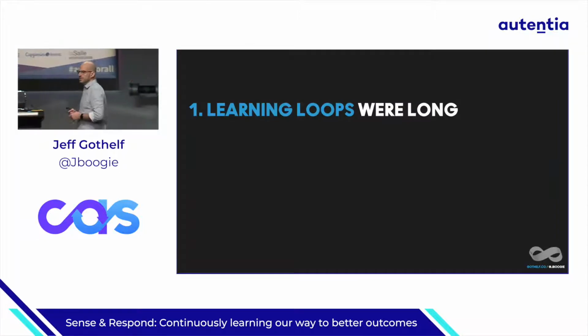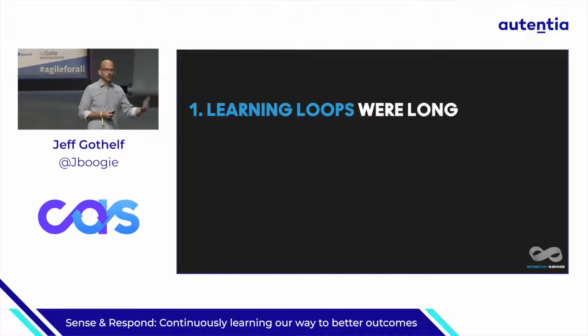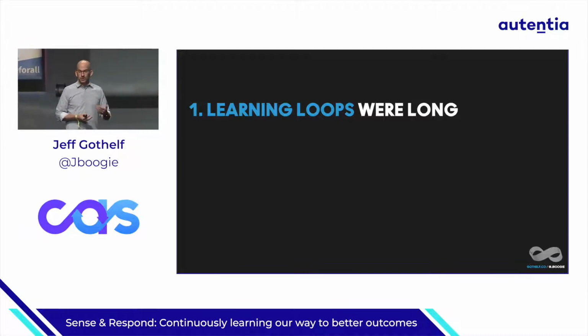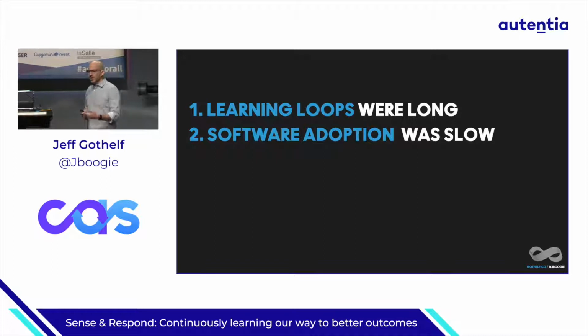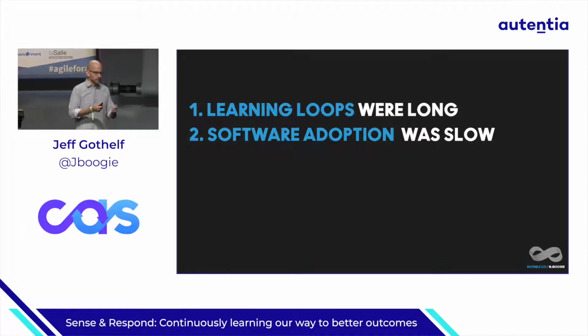And in that world, our learning loops, the time it took us to find out if we learned anything, if we delivered anything of value, the learning loops were long, 6 to 12 months to learn anything at all. Software adoption was slow 20 years ago, 25 years ago. It took a long time for people to get that box of software, put it in their computer, load it, use it, not use it, we wouldn't know.